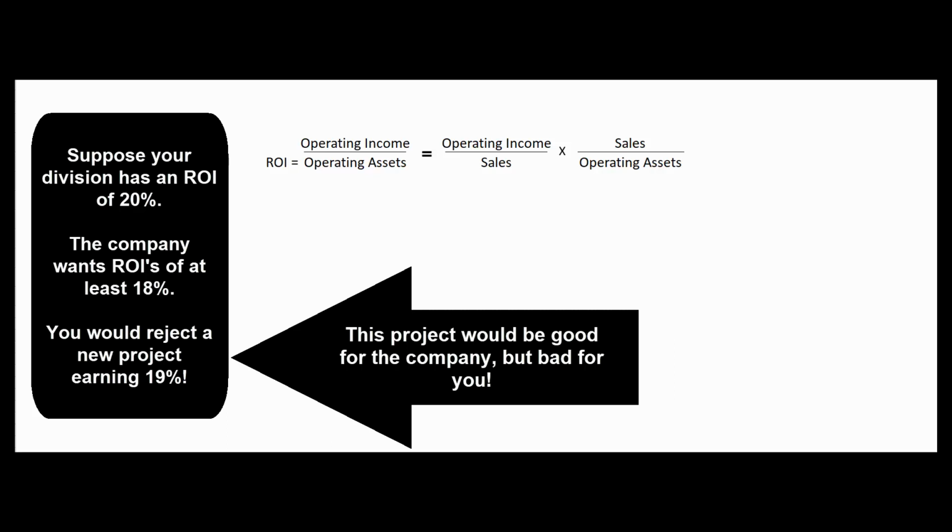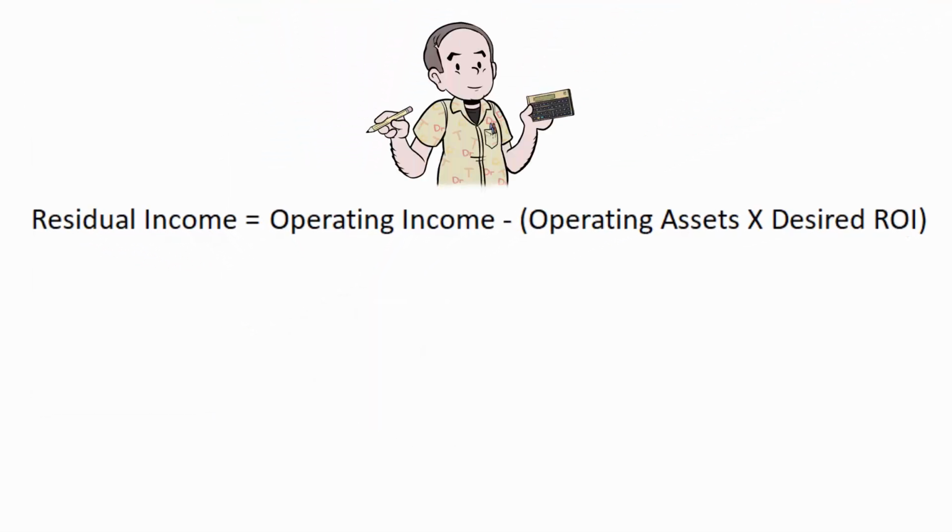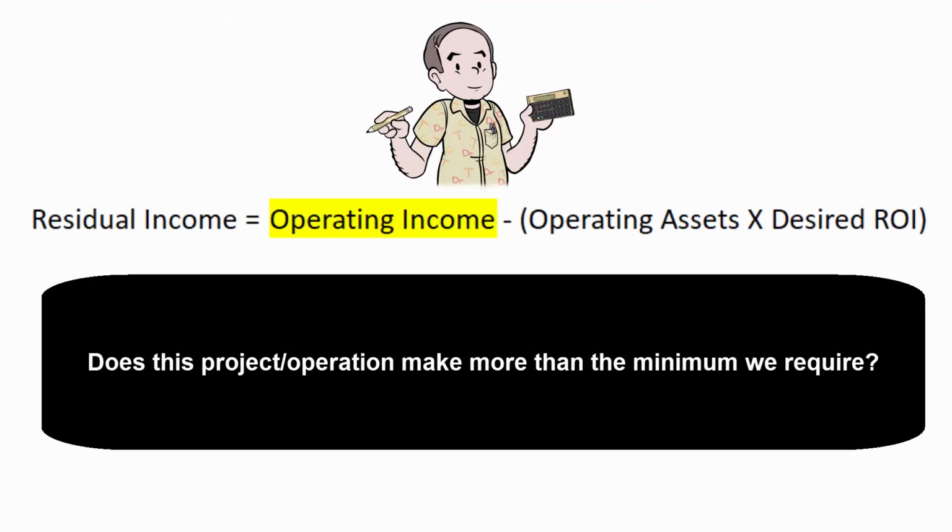You're at 20, why would you take on a project that earns 19%? So instead, we might use residual income instead of return on investment. Residual income says, take the predicted operating income from this new project, subtract the operating assets it needs times the desired ROI. In other words, does this thing make more income than the bare minimum? If it does, then it's a good project. Then you as a manager will want to do it.